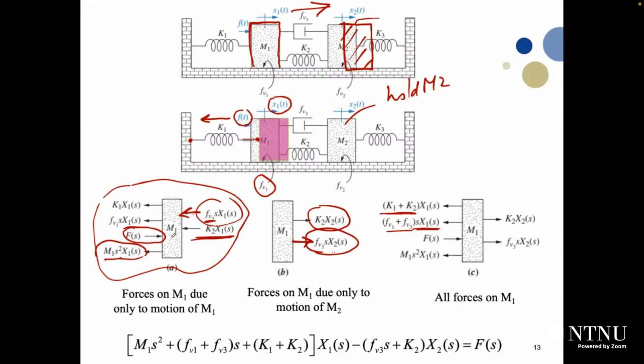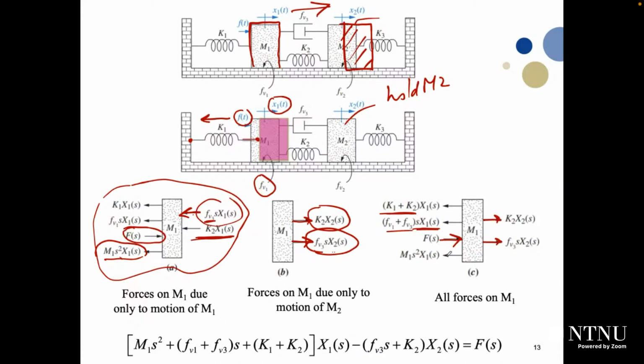And of course, F of S is acting to the right. This one is acting in the right direction, this one also, and what remains here is M1 S squared X1 of S.